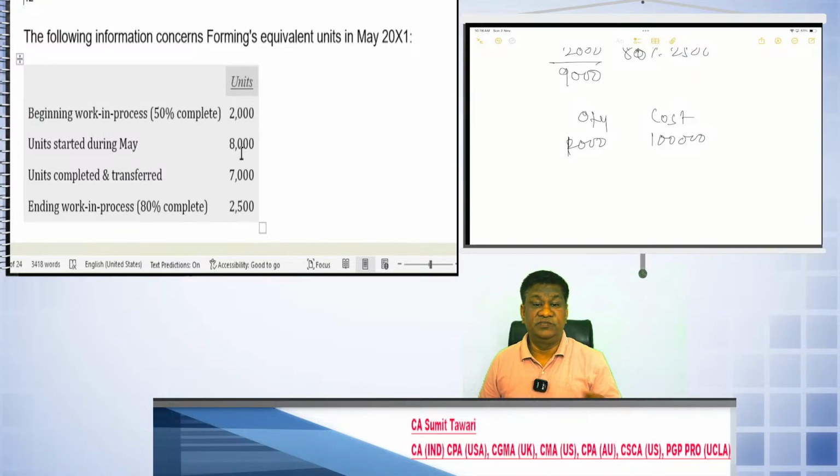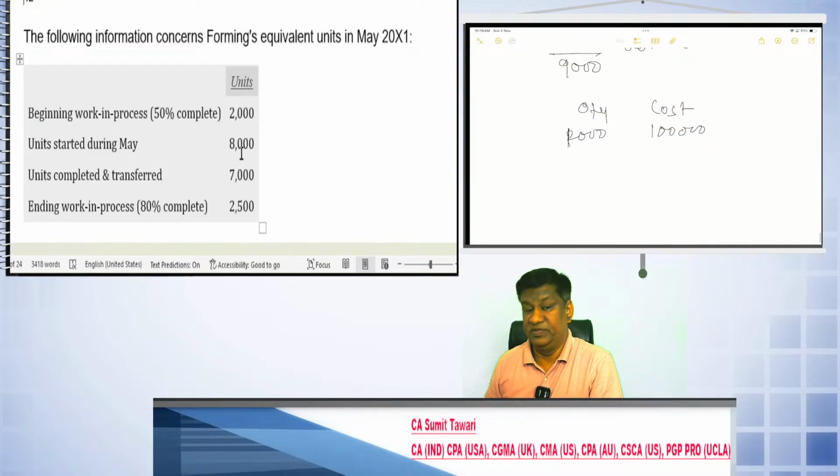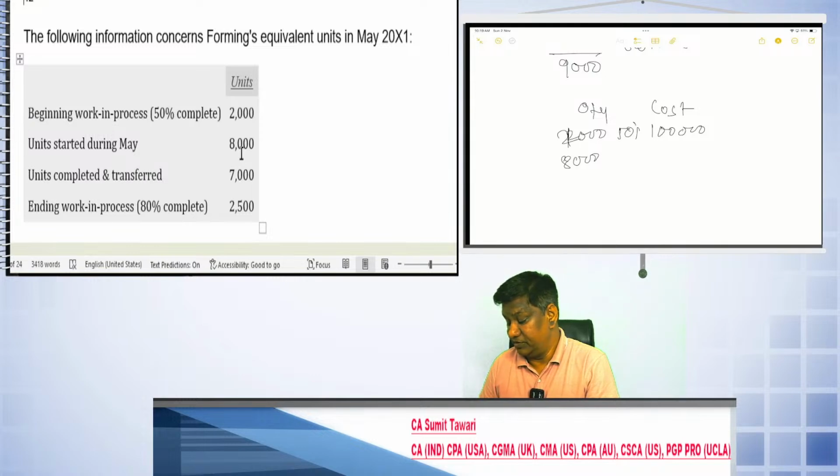So 500 is basically the abnormal loss. That's why the 8,000 new units started. So it is basically the 2,000 opening, which is 50% complete. Out of this, 7,000 is fully completed and the 2,500 is WIP, or the closing stock.